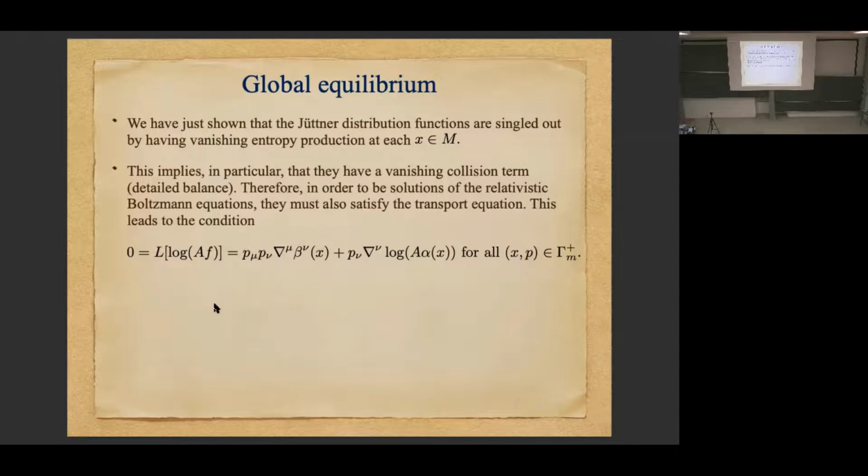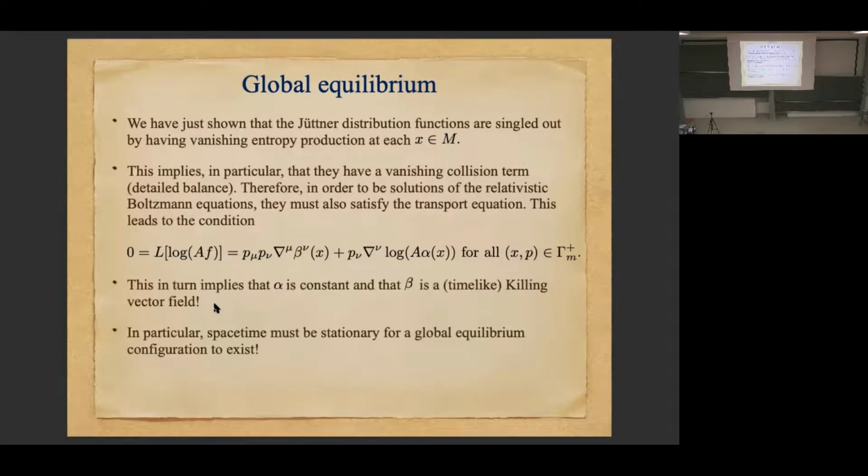If you want this to be a solution of the Boltzmann equation, then this should be identically 0 for all x and p in the future mass shell. But this is a very strong condition, because this is linear in p, so this should be 0, and this is quadratic in p, and you can show if p is time-like that this must be 0 as well. So in other words, alpha should be constant in x, and beta should be a Killing vector field. And it better be time-like so that the integrals converge.